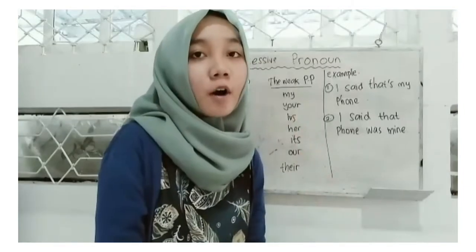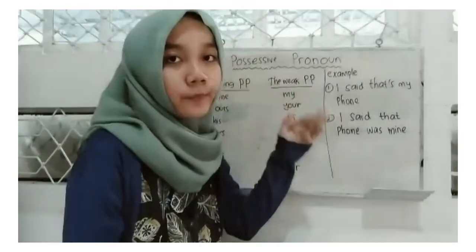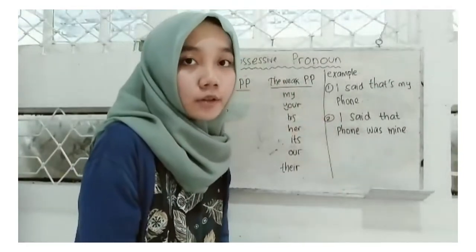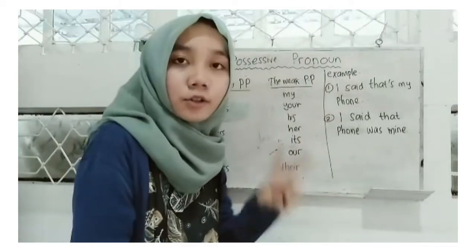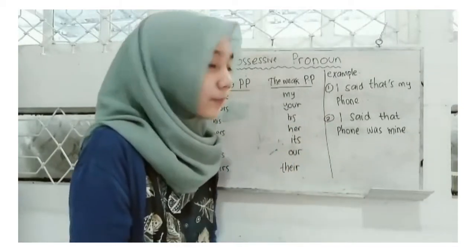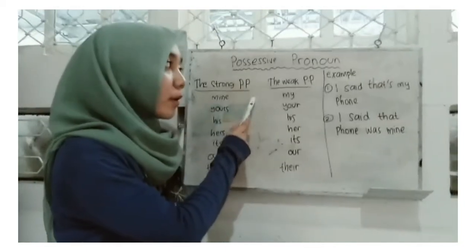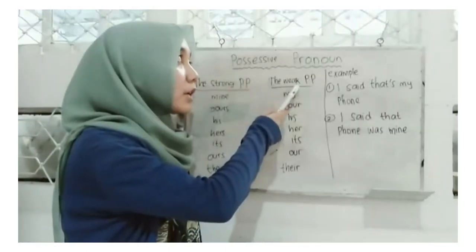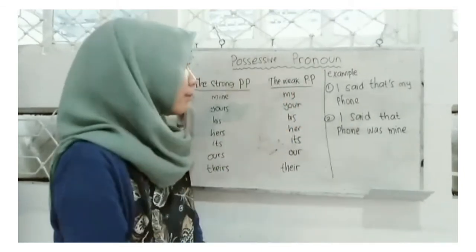The second type of pronoun reference is possessive pronoun. We use possessive pronouns to refer to possession and belonging. There are two types of possessive pronouns: the strong or absolute possessive pronoun and the weak possessive pronoun, also called adjective pronoun.